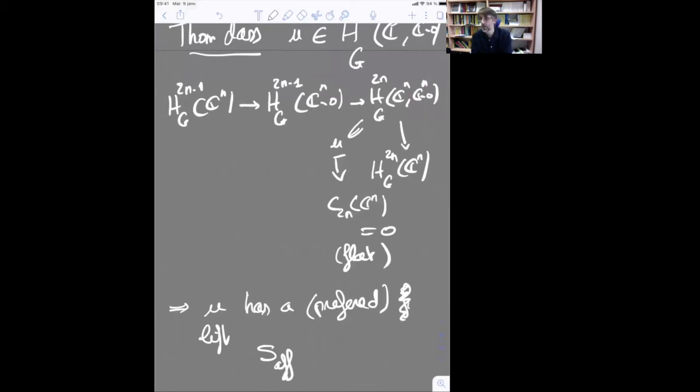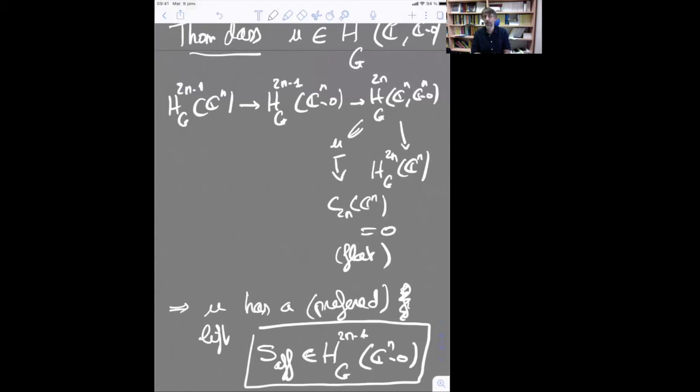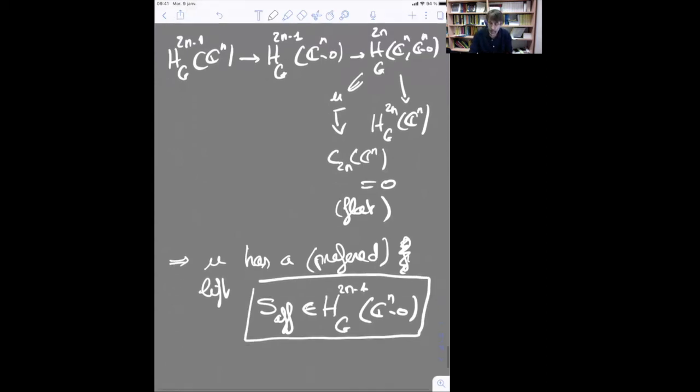S is for Such, because he constructed many cocycles that are related to that, and affine is affine. So we have an equivariant class here, and this is the lift that was referred to in the fact.